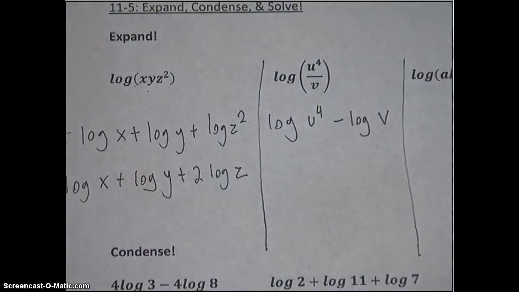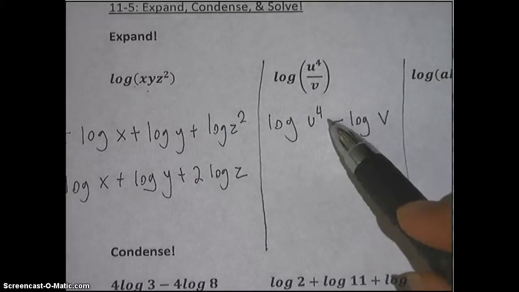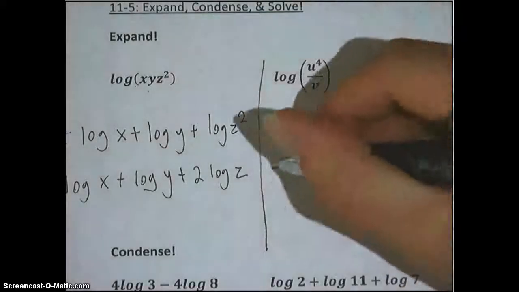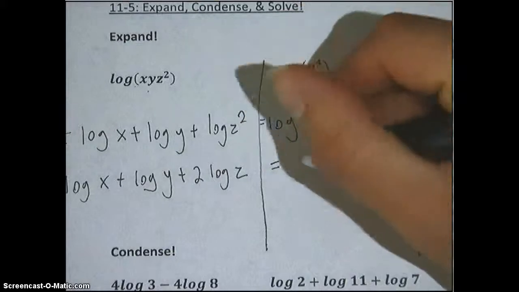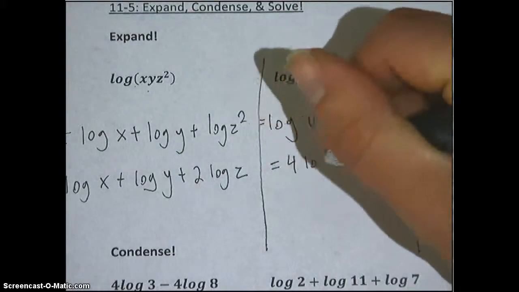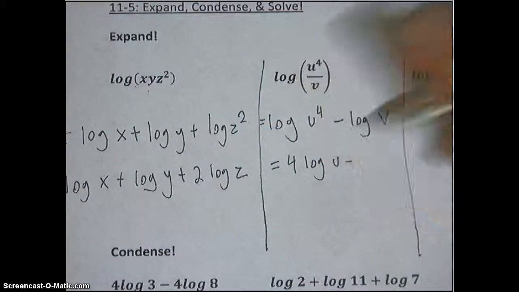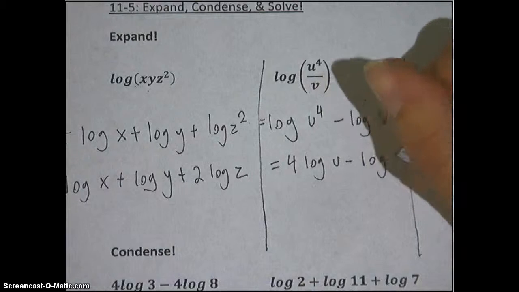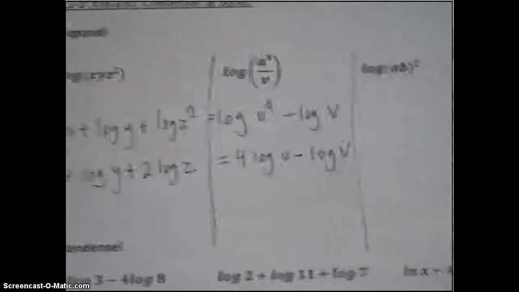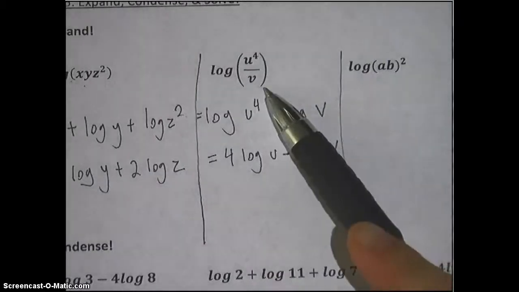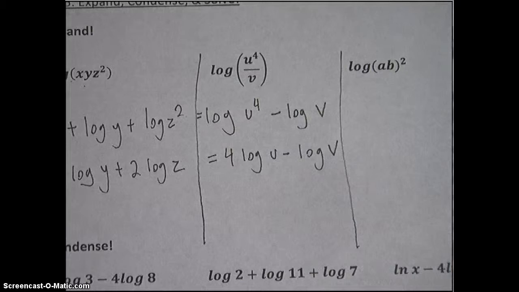Now I can simplify that just a little bit further. Because I still have that 4th power up there, I can move that out front. 4 log of u minus log of v. That is the fully expanded form of this original problem.